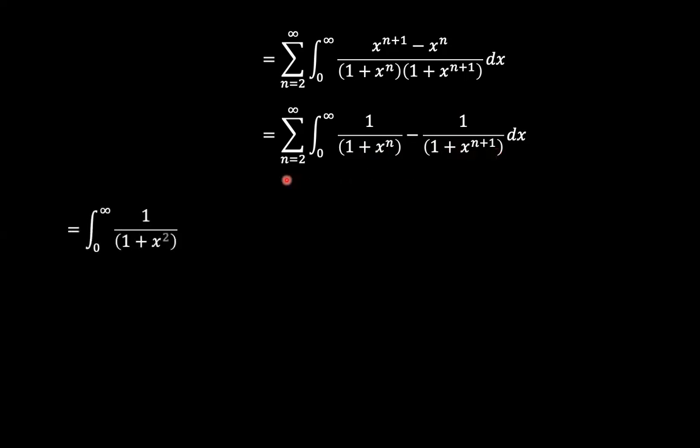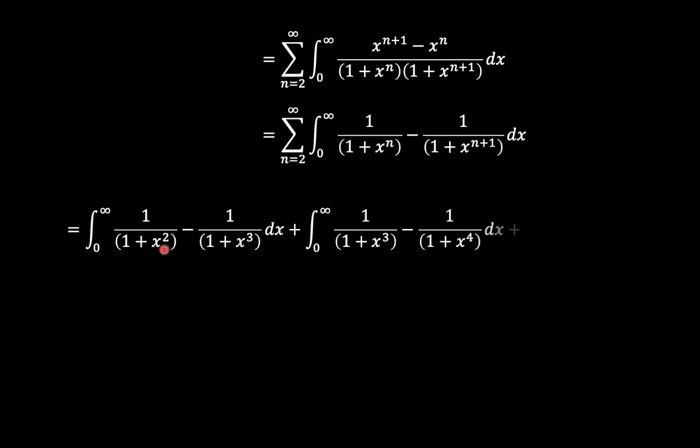This means that we have these sums of integrals, but as you can see, if we begin from n equals 2, then we have 1 over 1 plus x squared minus 1 over 1 plus x to the power 3, plus, when n is equal to 3, 1 over 1 plus x to the power 3 minus 1 over 1 plus x to the power 4. And so you see this cancels with this, and this would cancel with the next one. So this is a telescoping summation.